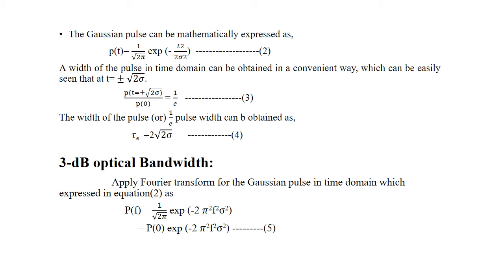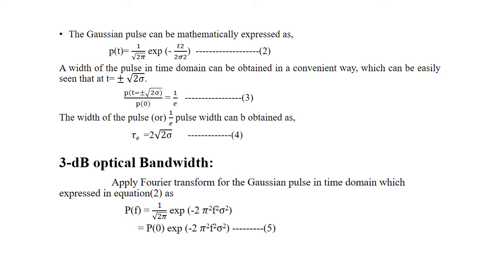The width of the pulse in the time domain can be obtained conveniently, and it can be easily seen that t is equal to plus or minus root 2 sigma. So P of t is equal to plus or minus root 2 sigma divided by P of 0, that is equal to 1 by e. So the width of the pulse will be tau epsilon is equal to 2 into root of 2 sigma.